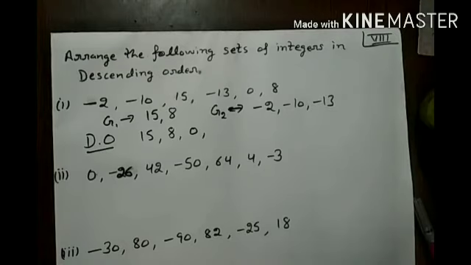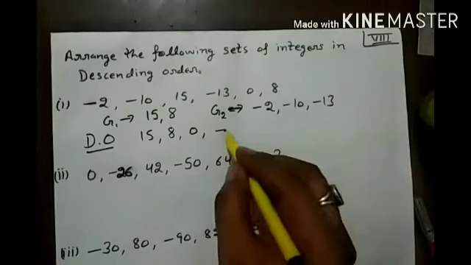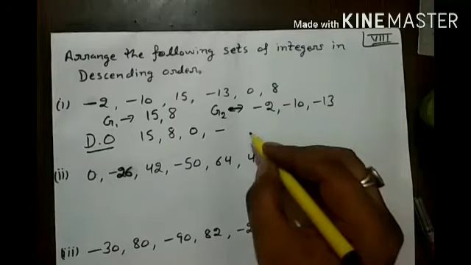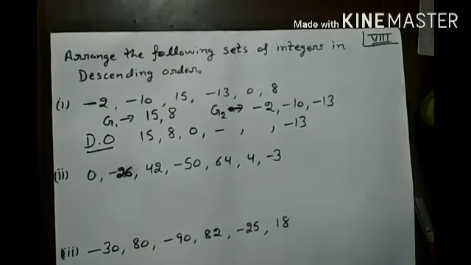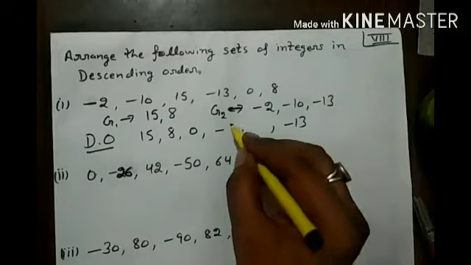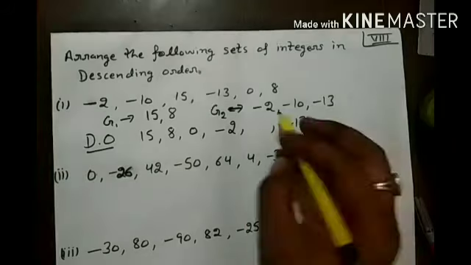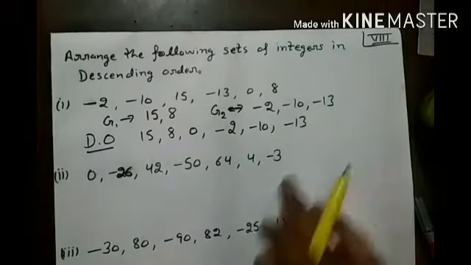So whose numerical value is greatest here? -13. Therefore this is smallest, so I will write this at the end, and -2 I will write at the very first, because this is greatest among the three negative integers, and -10 will be in the middle.